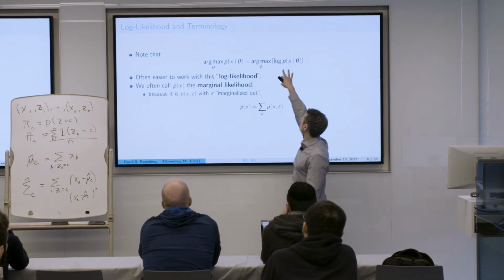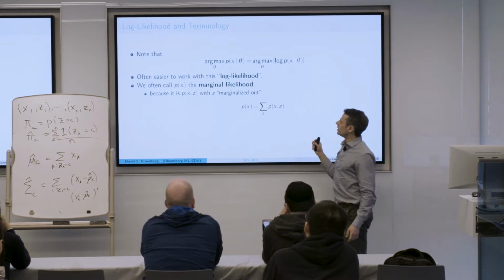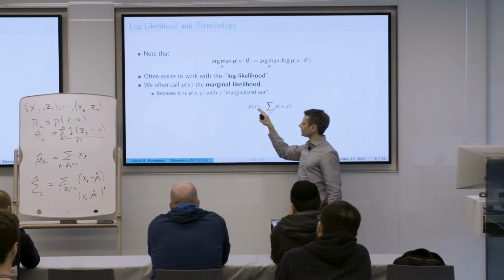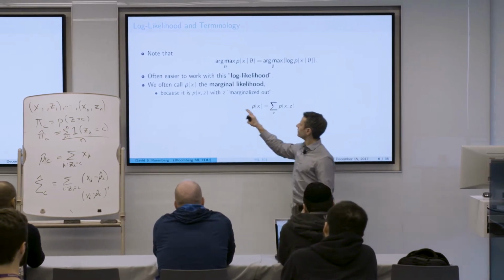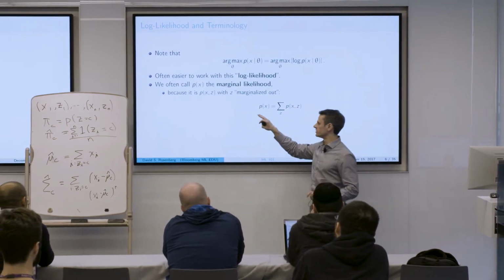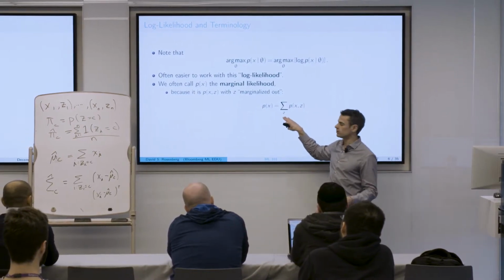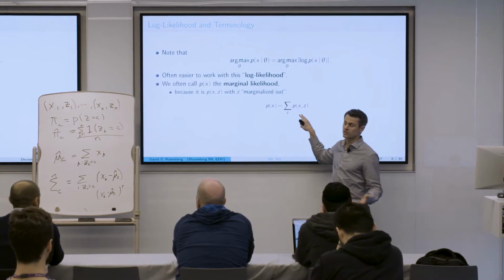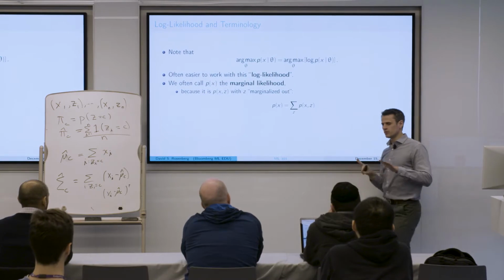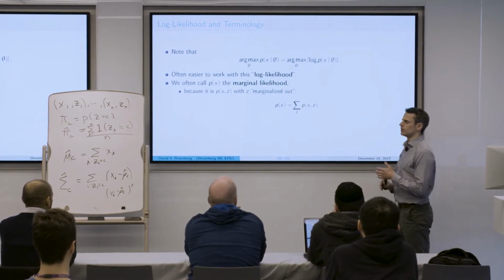Going from the likelihood to the log likelihood, fine. There's this terminology. Sometimes p of x is called the marginal likelihood, because if p of (x, z) is the joint likelihood, we're marginalizing out over z. We're summing or integrating out over z. Now z might be continuous, in which case this would be an integral. But let's stick with the discrete z case for now.